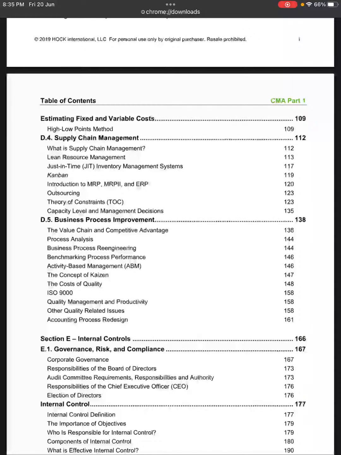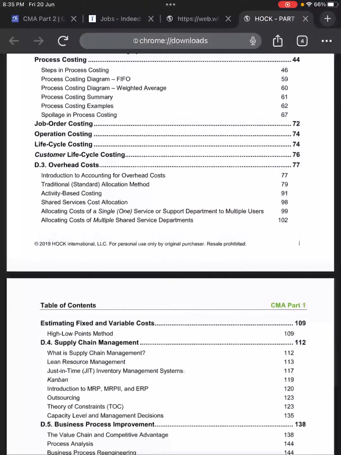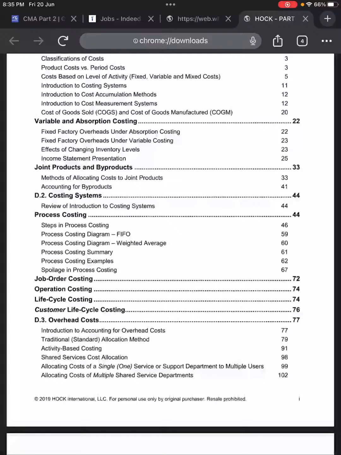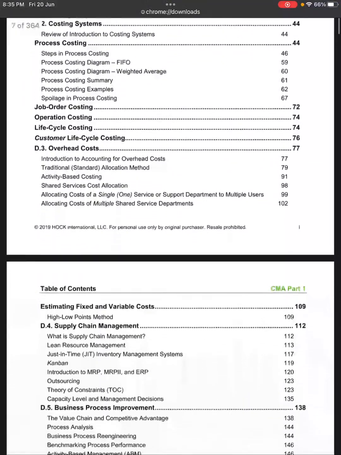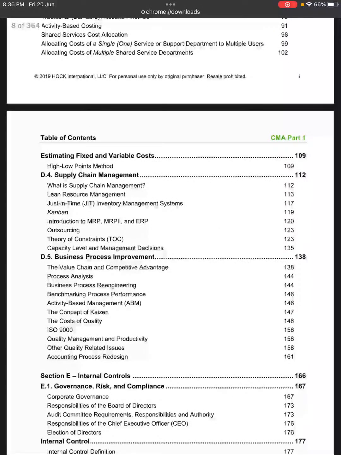In supply chain management, product life cycle and activity based costing are not covered under CMA Part 2. Some of the topics are covered in CMA Part 2 as well. That's why if we study here, it will be easy for CMA Part 2 as well, right?